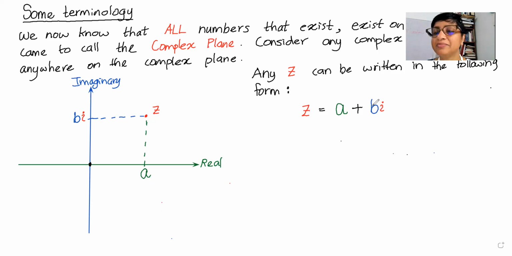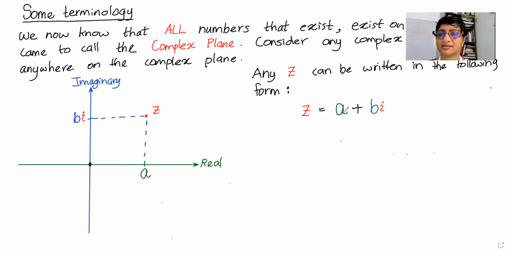And A and B are, now listen very carefully, A and B are real numbers. Do you understand that? A is a real number.